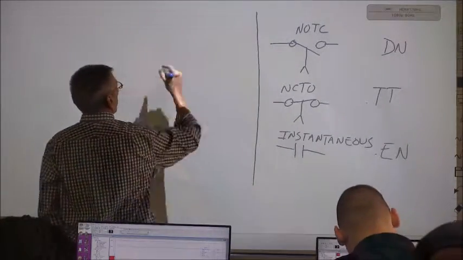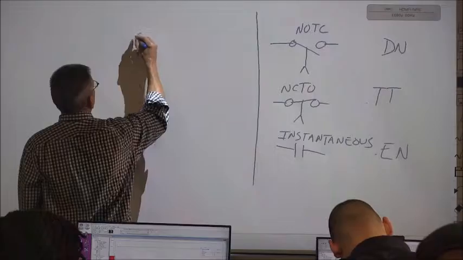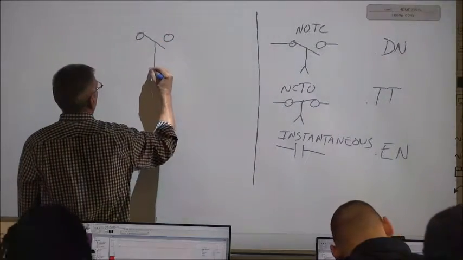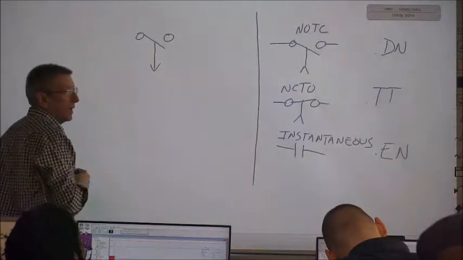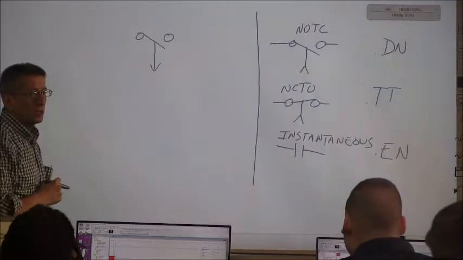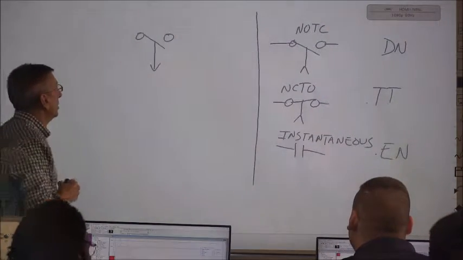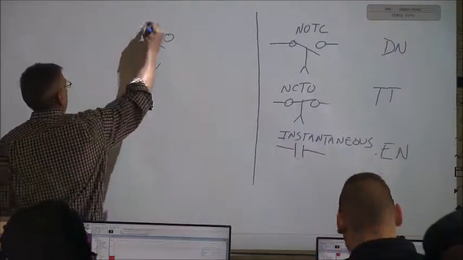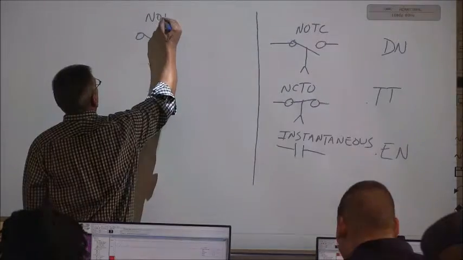Now we're going to do the off delay. What kind of contact? Normally closed, time shift. So it's normally open, timed open. Normally open, time open.